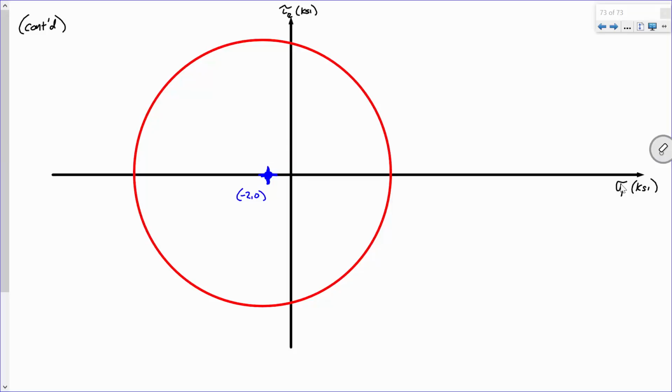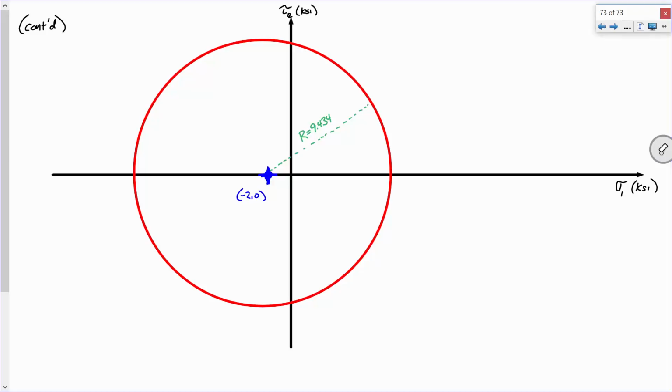Now, what is the radius of this circle? What is that distance right there? Actually, let me just leave the units off since I've got the axes labeled. Everybody okay with this? What do you mean?